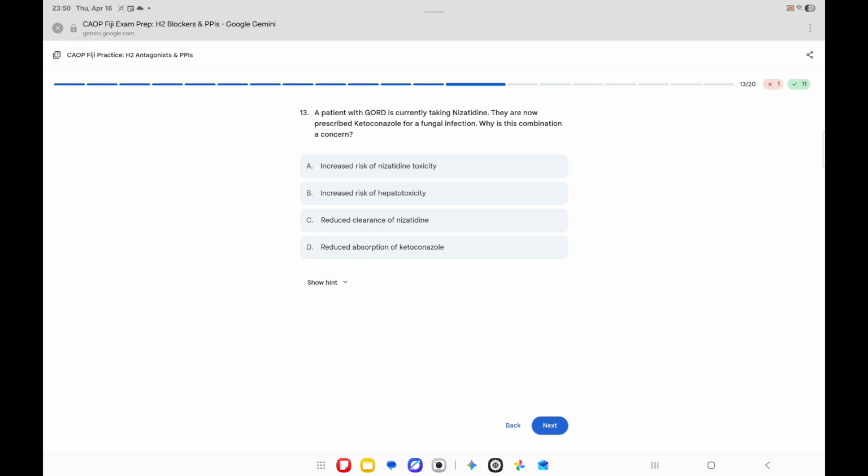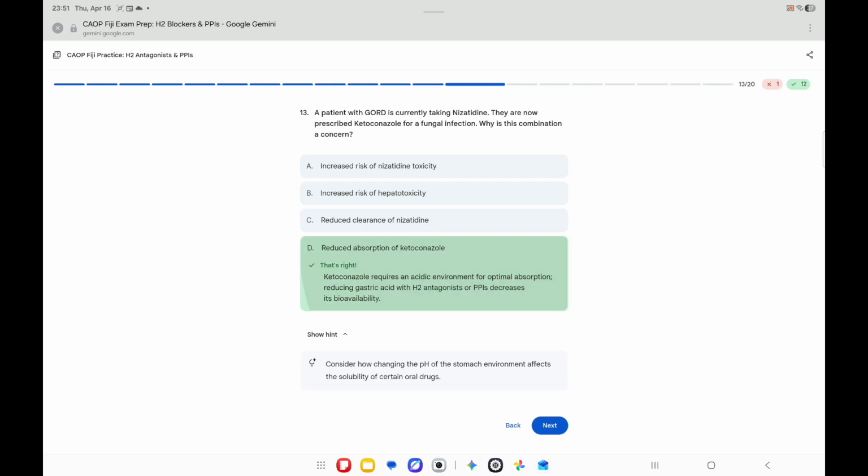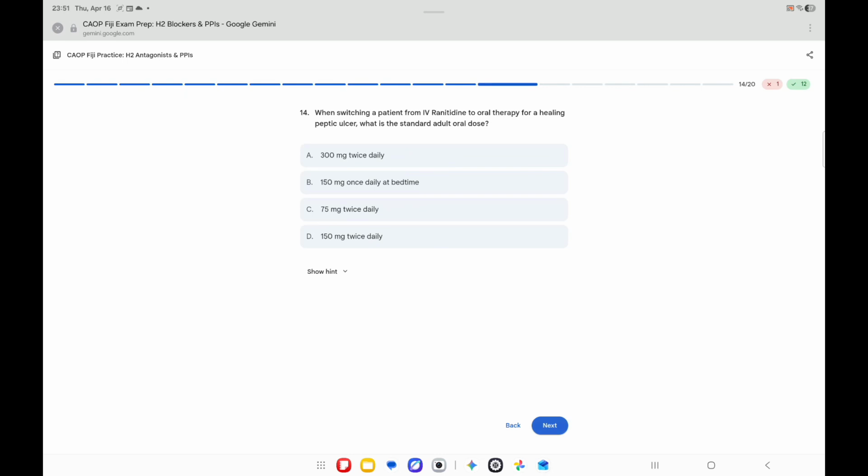So I'll go with D just because of this point. Let's see what the hint is. Consider how changing the pH. Yes, exactly. It's changing pH, ketoconazole absorption reduction.